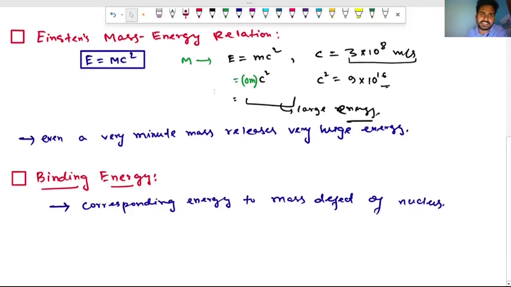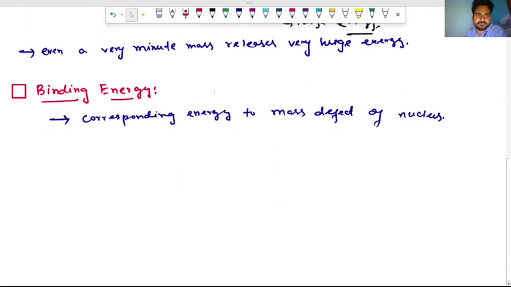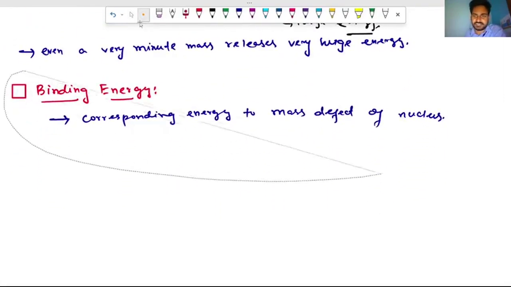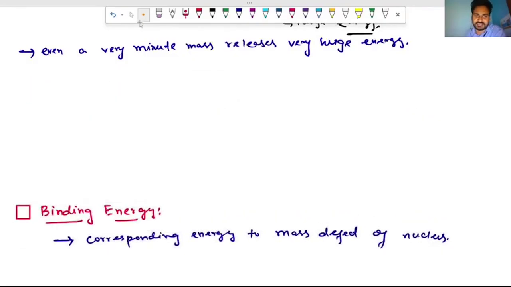It will be better if we take an example. Suppose helium 4 is a nucleus. How many protons and neutrons are there? 2 protons and 2 neutrons are there.